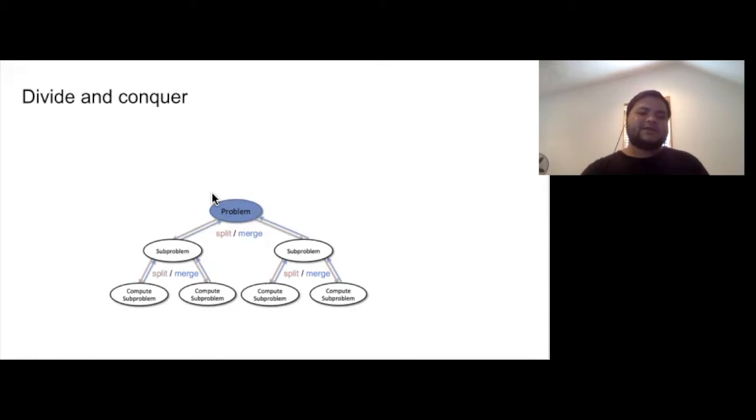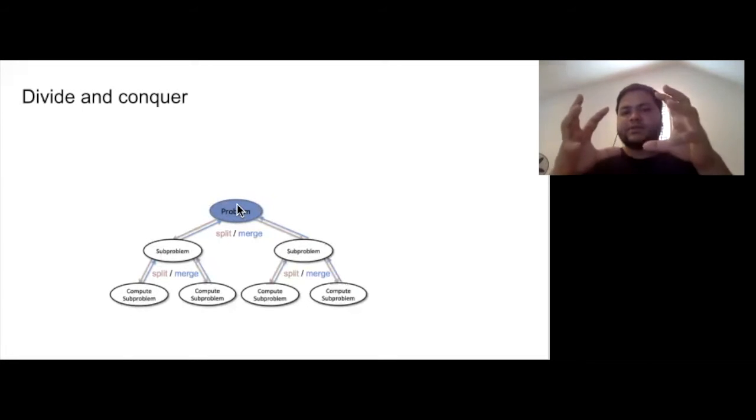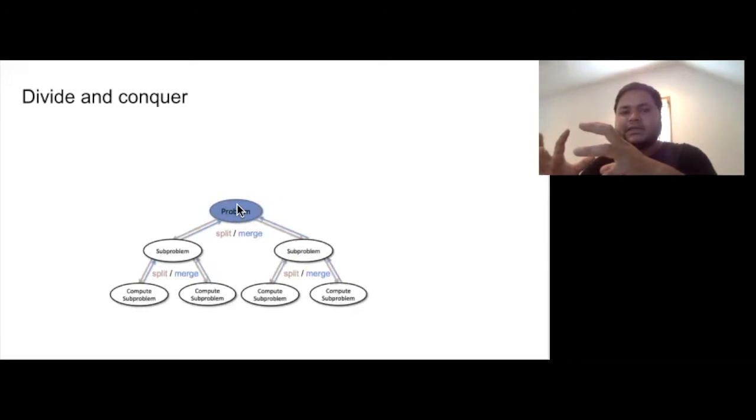If it is the original problem, we will look at whether it can be subdivided into subproblems. Suppose we can divide it into two subproblems. Okay, then go to the left. The division of the original problem into subproblems is a top to bottom approach.